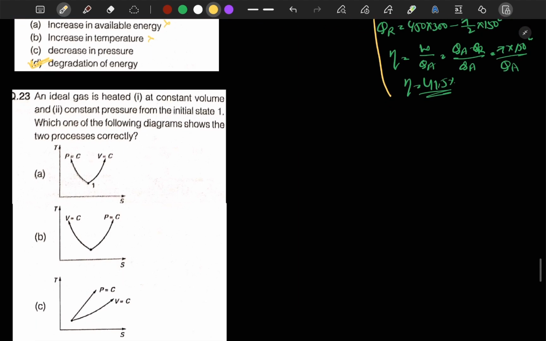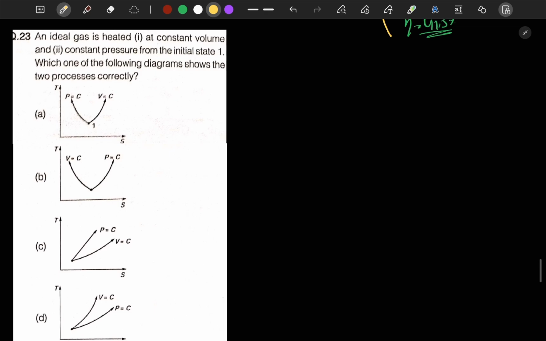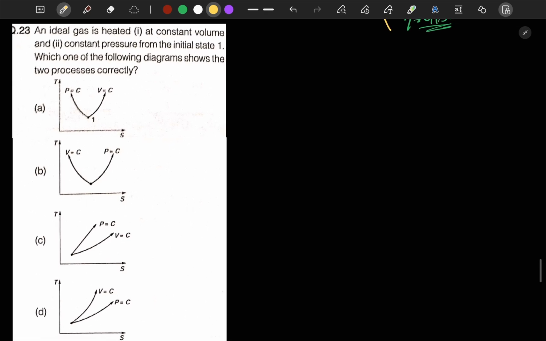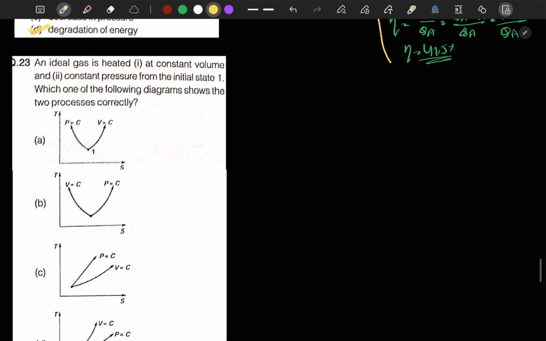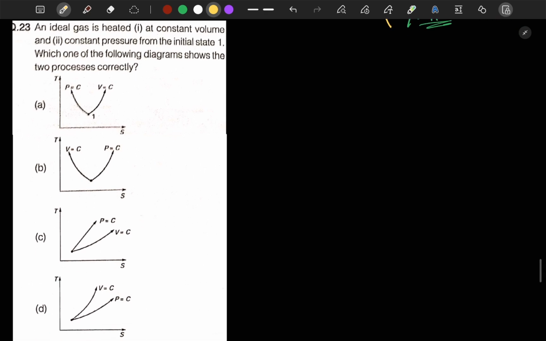Now we are moving to question number 23. It is mentioned that an ideal gas is heated at constant volume and constant pressure from initial state 1. Which of the following diagrams shows the two processes correctly? So we have to draw the constant pressure and constant volume processes on the TS diagram. We have already done this in class.